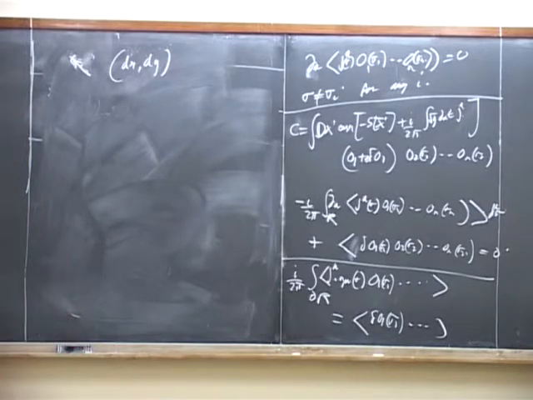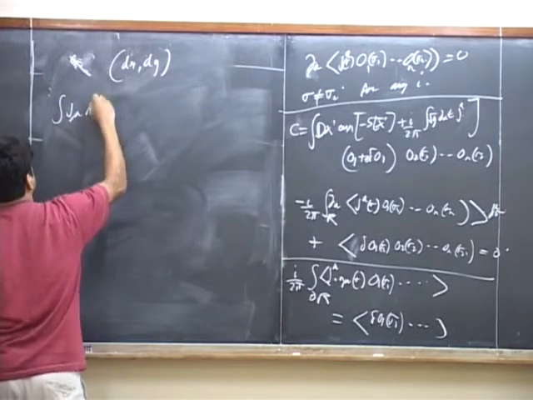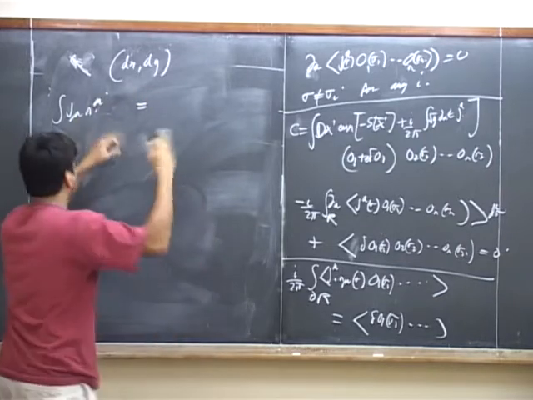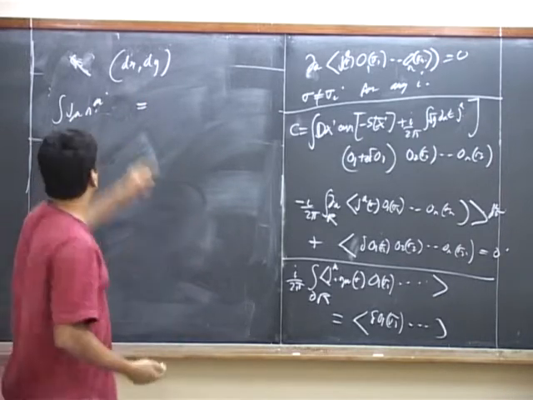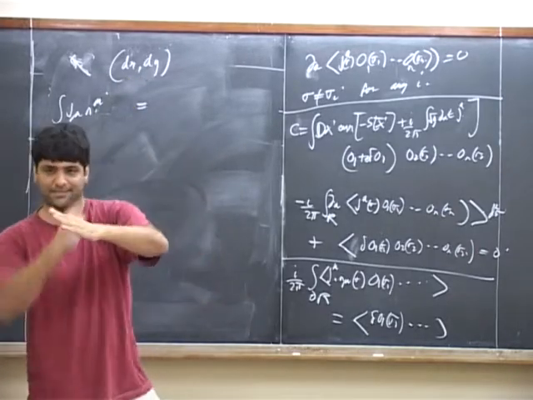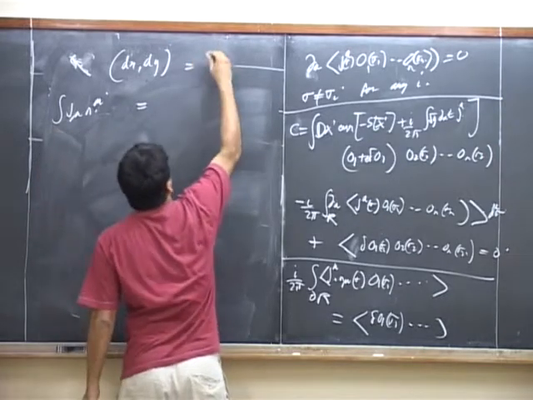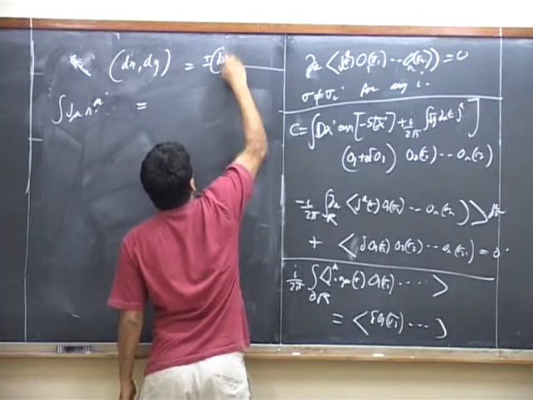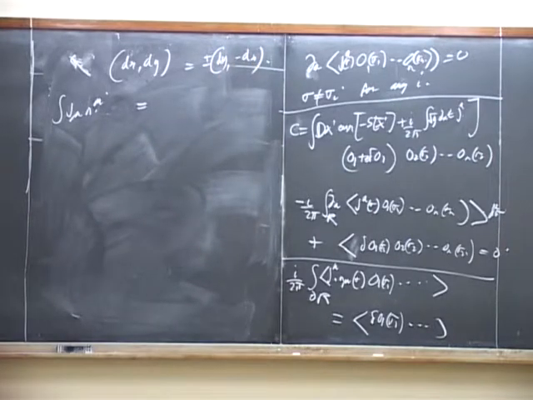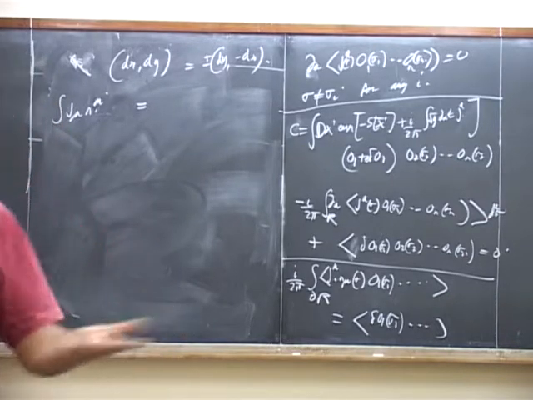Then for the integral of j_mu n^mu, what's the normal vector to this tangent? What's the vector orthogonal to this tangent that has the same length as it? It's very clear that it is plus or minus (dy, minus dx). This is a vector that has zero dot product with the first vector. It's the normal to it, and it's clear it has the same length.